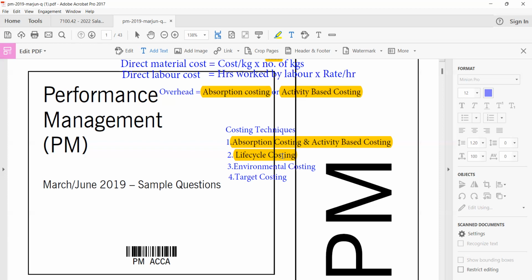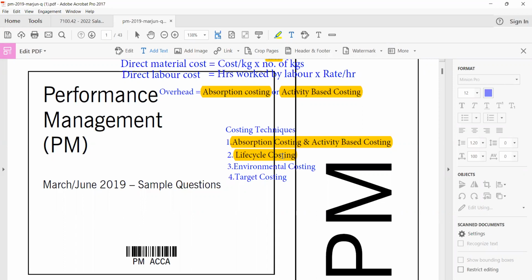So I all the time tell students, there's no need for you to rush and be learning life cycle costing if you are not efficient and effective with activity-based costing and target costing, because of testability. If you tend to use all your energy on environmental costing, I say, my friend, you have done a good job, but it is not of high importance. Thumbs up for that. But from an examining perspective, we are not looking at it.